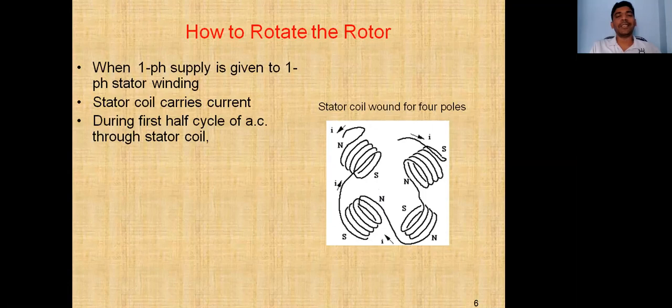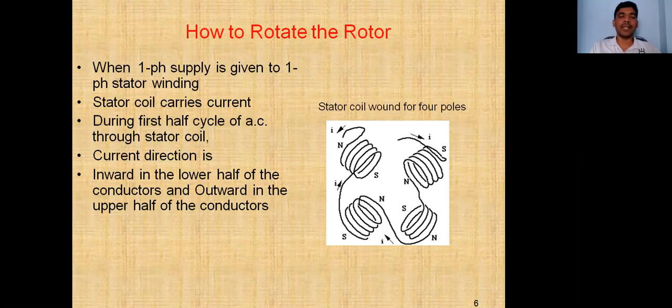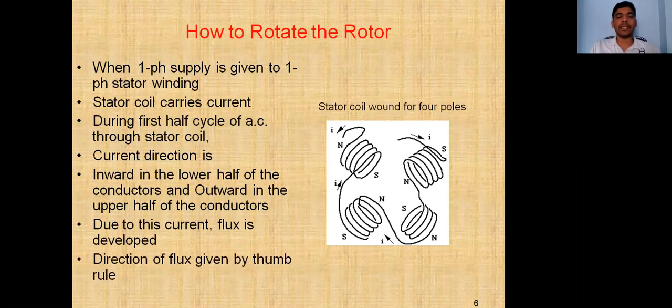During the first half cycle of AC through the stator coil, the current direction is inward in the lower half of the conductors and outward in the upper half of the conductors. Due to this current, flux is developed. The direction of the flux is given by the thumb rule.